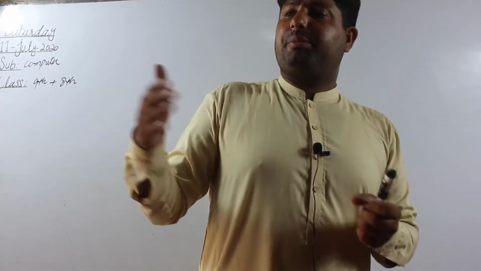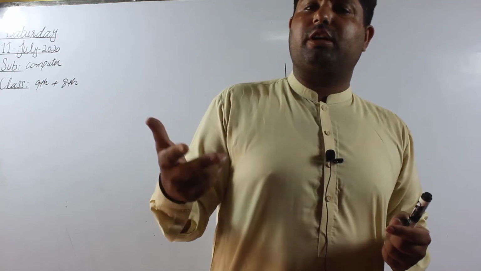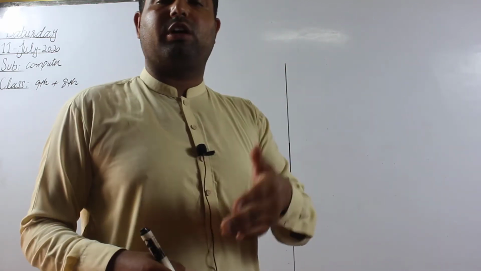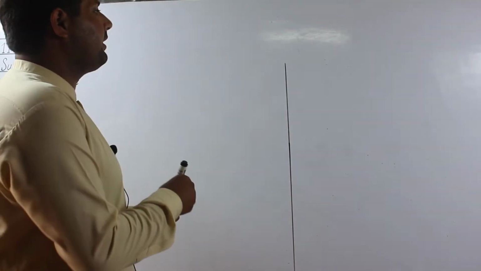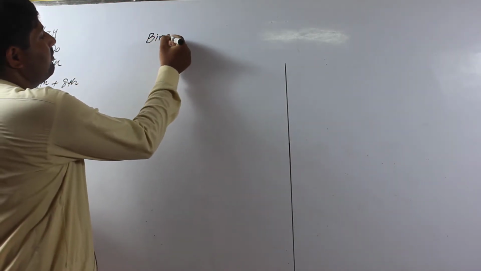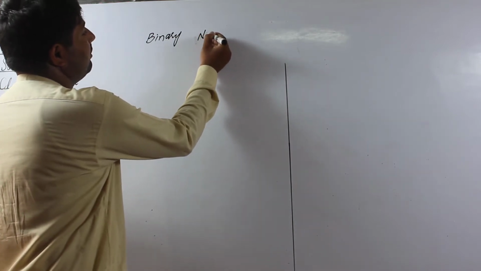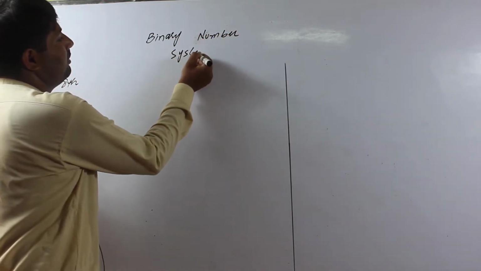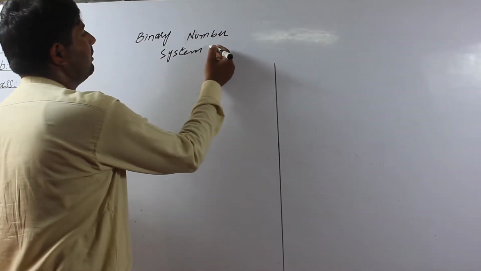In the previous books, 4 systems were included in the 9th class curriculum, but according to the new curriculum, only 2 systems are included: the binary number system and the octal number system.